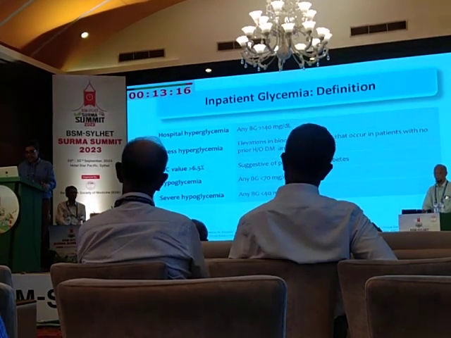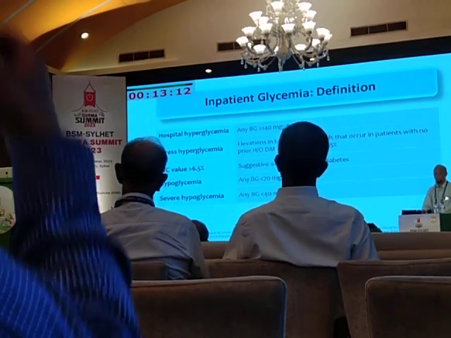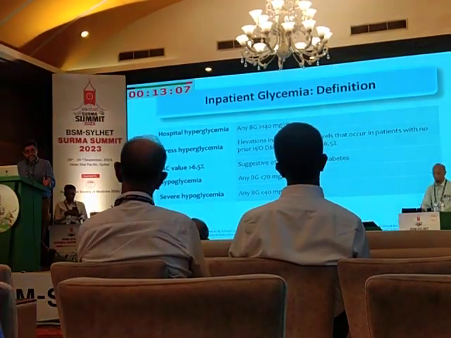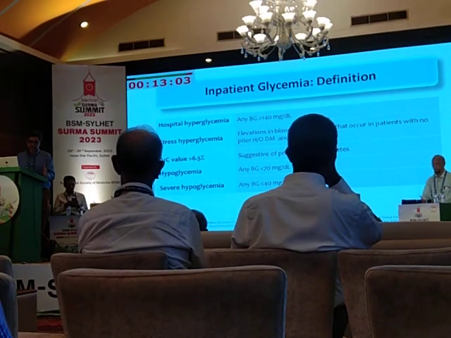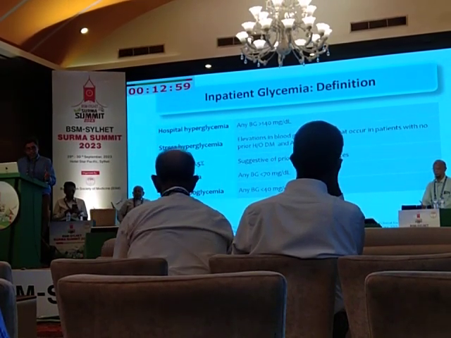So inpatient hyperglycemia, what is the definition? In hospital, we can say hyperglycemia when blood glucose level is more than 140 milligram per deciliter. We consider stress hyperglycemia when hemoglobin A1C is less than 6.5, a recent onset of hyperglycemia.